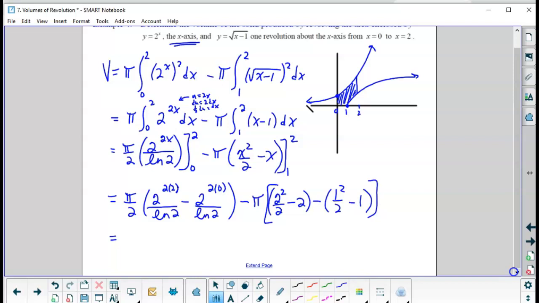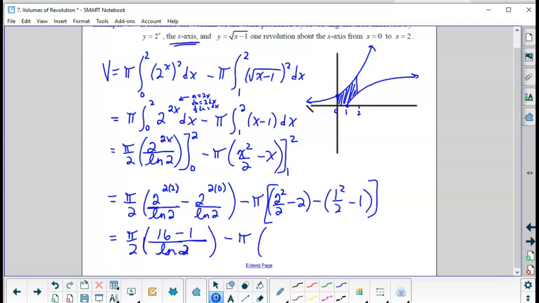All right, so then we have pi over 2. This is going to be 2 to the 4th, same denominator, minus 2 to the 0, right? Okay, so this is going to be 2 to the 4th, which is 16 over ln 2, and then 2 to the 0 is 1, so minus 1.